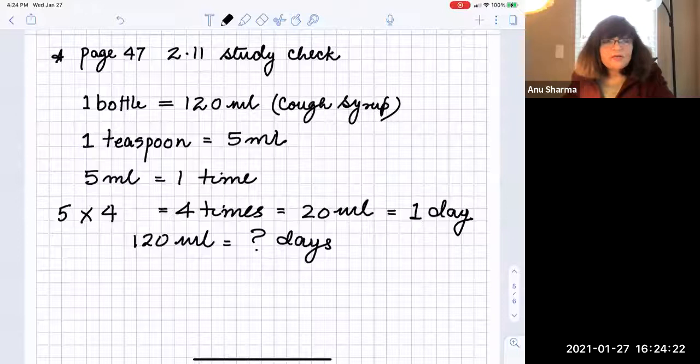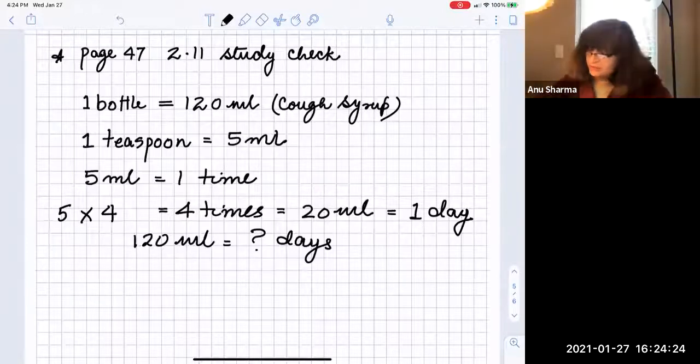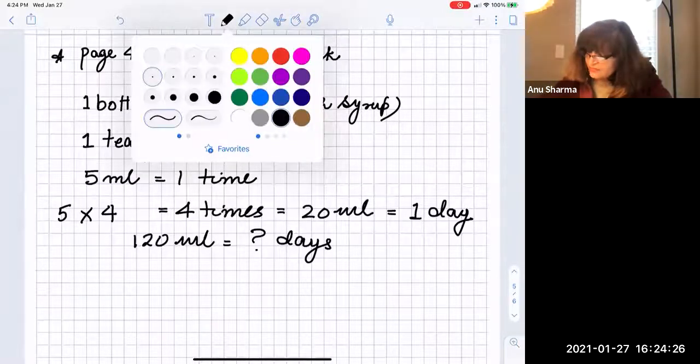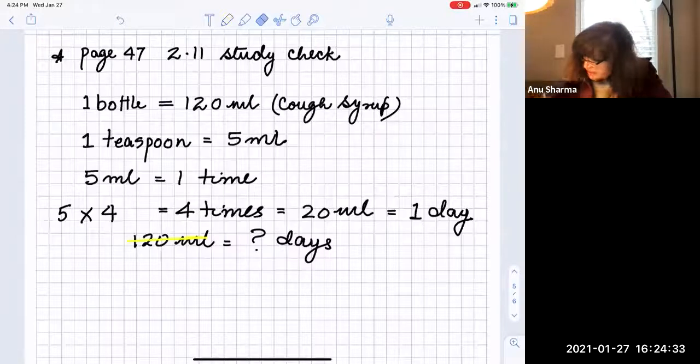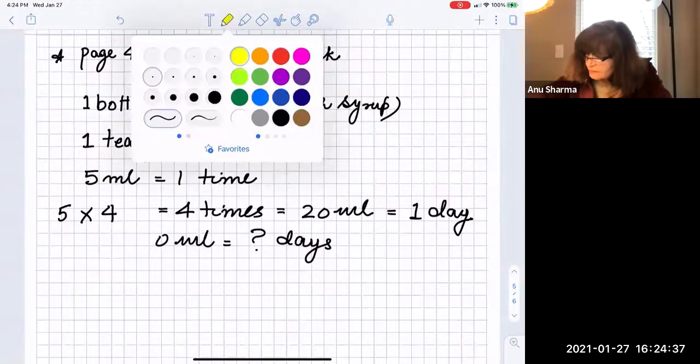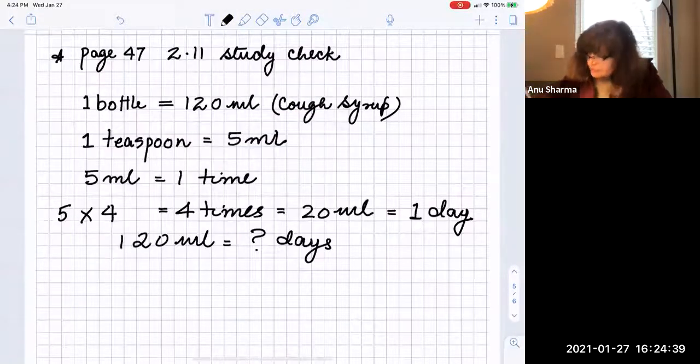Now, how would you do this? We have to start from somewhere. Main issue here is, 120 ml is going to last how many days?